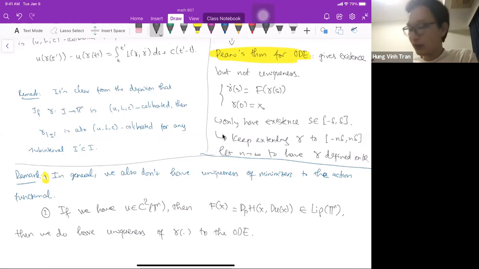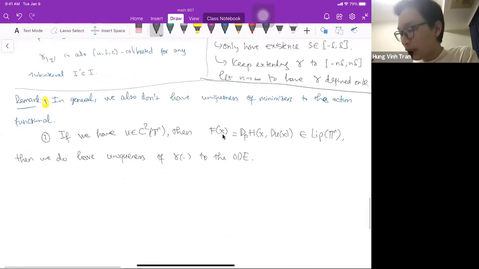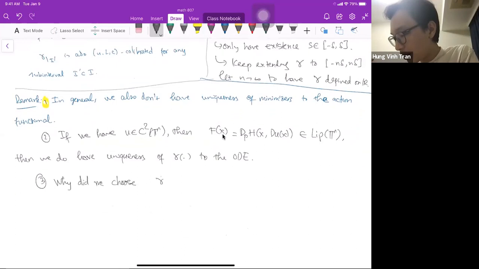Okay. So the third point I want to discuss is why did we choose gamma dot s equals dph of gamma s du of gamma s in the first place?